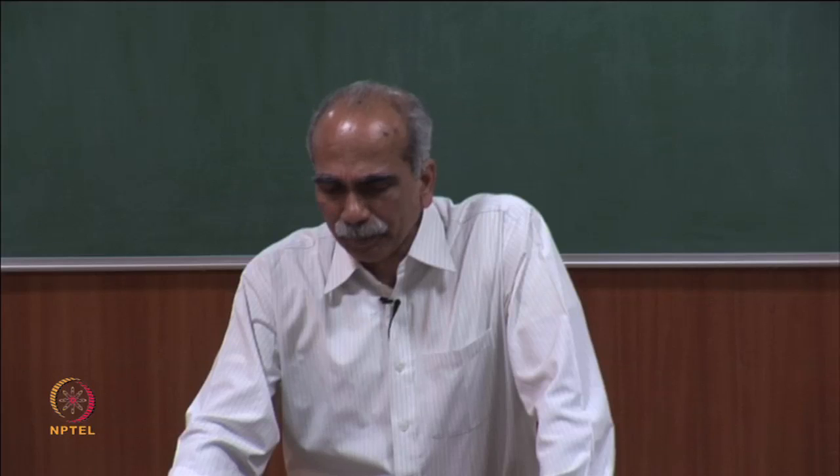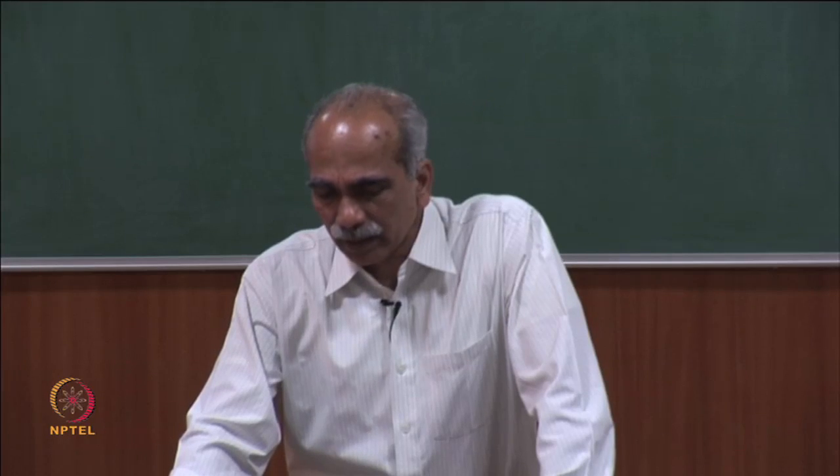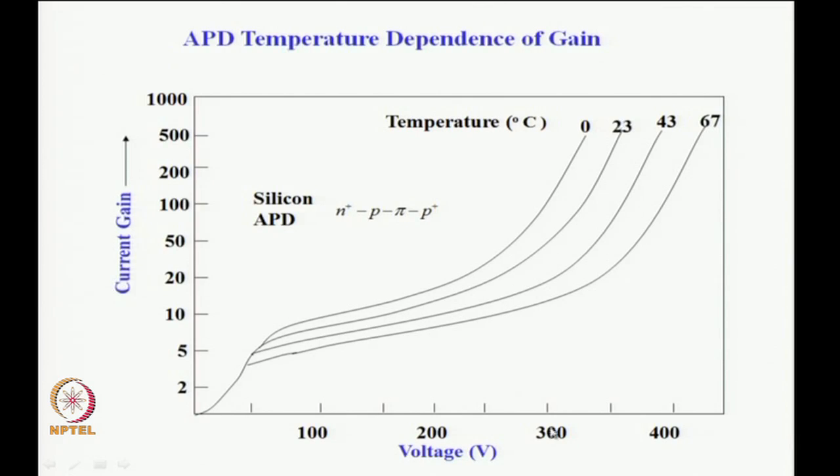As temperature increases, the current gain drops down. However, as voltage increases further, the kinetic energy gained becomes sufficiently large, and that leads to a higher current gain.